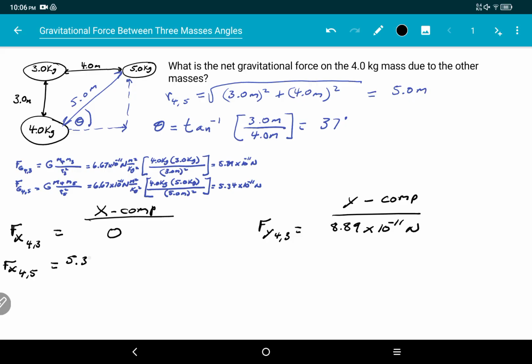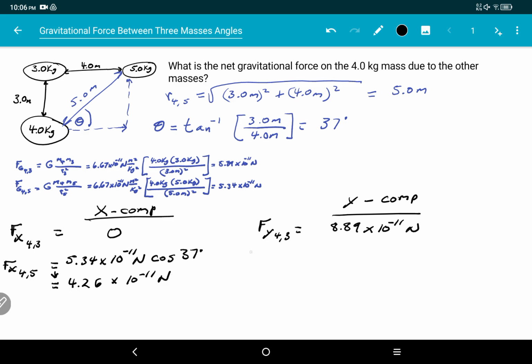So 5.34 times 10 to the negative 11 newtons, and this will be cosine 37 degrees. That answer is going to be 4.26 times 10 to the negative 11 newtons.